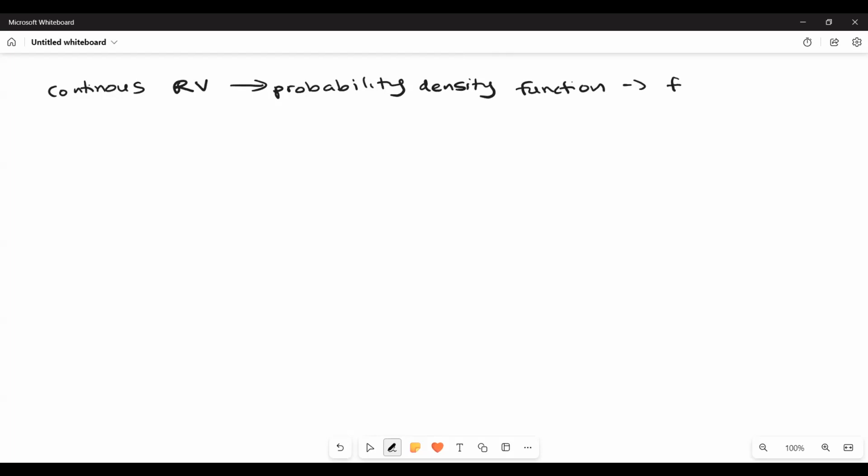If we have a continuous random variable, we have to use the probability density function to find the probability of a certain event occurring.